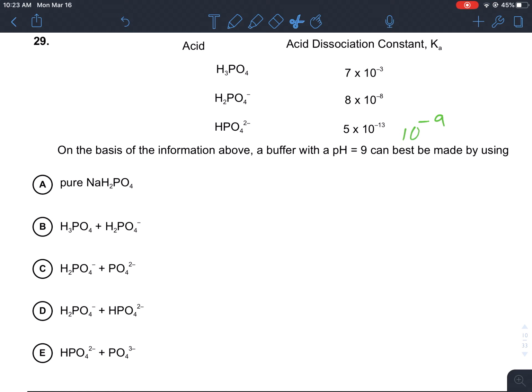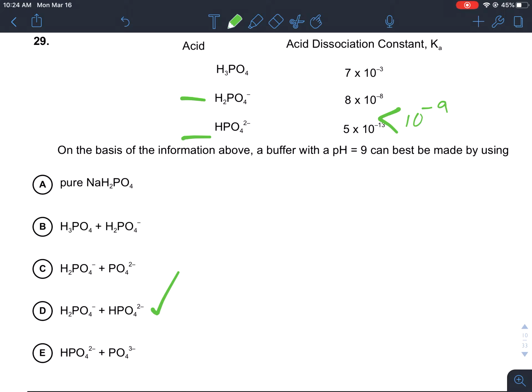That's going to fit right in between negative 8 and negative 13. So the correct answer here is going to be D. A buffer needs to be in the same range as the acid itself. So you would use these 2 items.